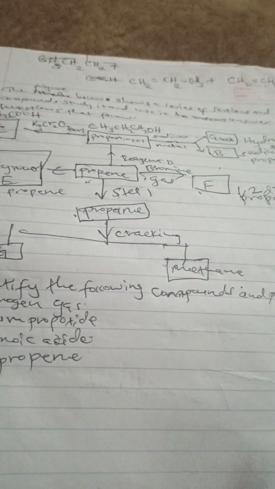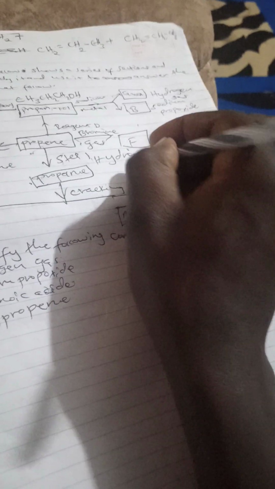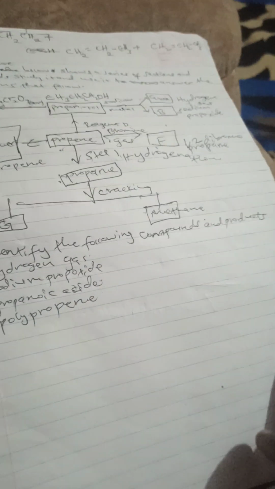What is this process? This process is known as hydrogenation. And that is what we call step 1, not in process F, but in step 1.